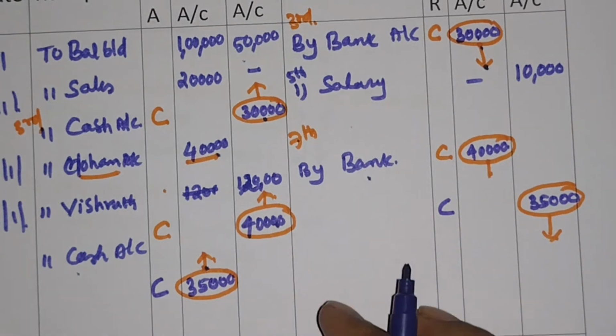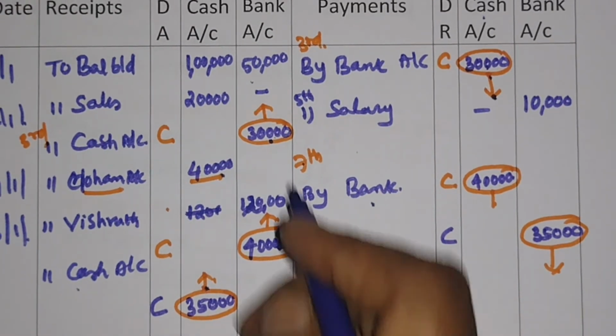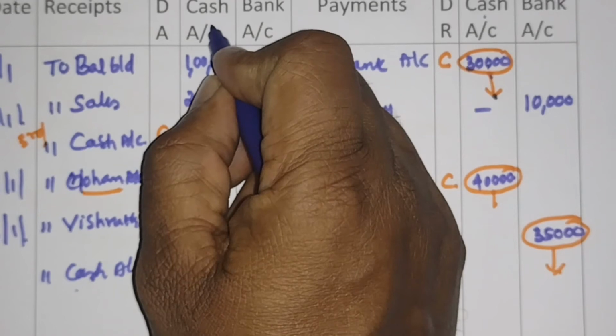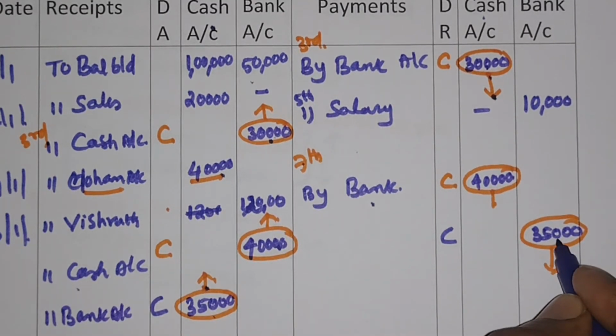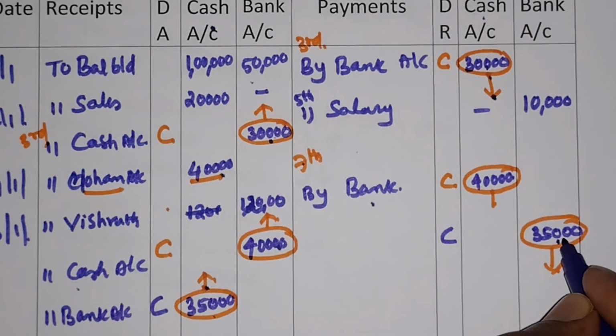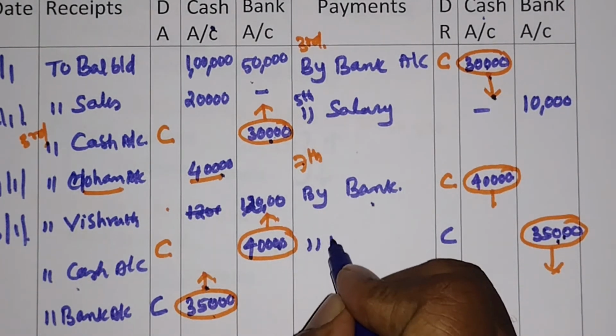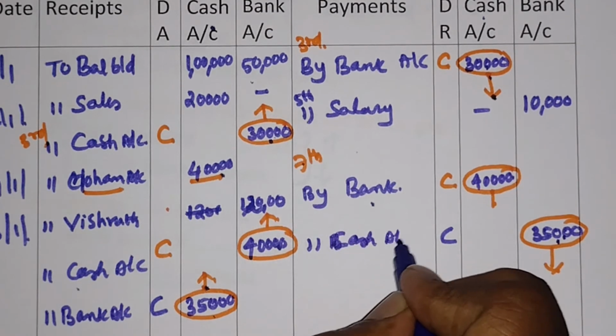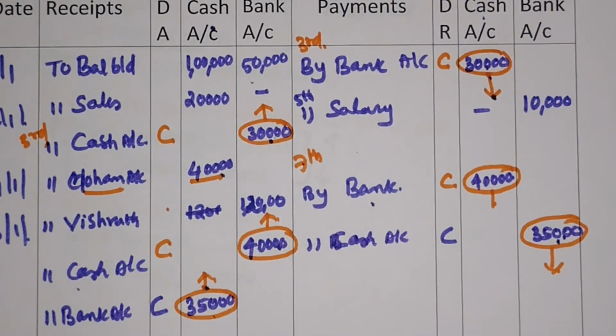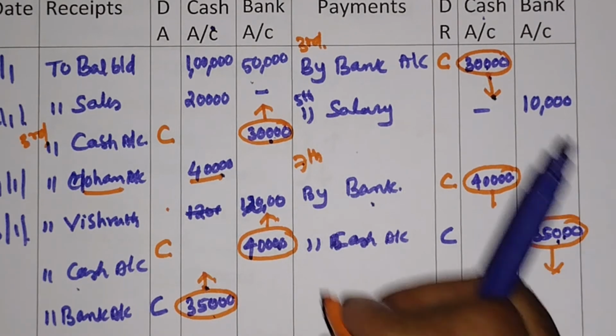When it is a contra entry, you see that the amount you have written in the cash column, you should write here it is bank account. And in the credit side you have written in the bank column, you should write here it is cash account. That's it. What is the date for this? It is 8th.